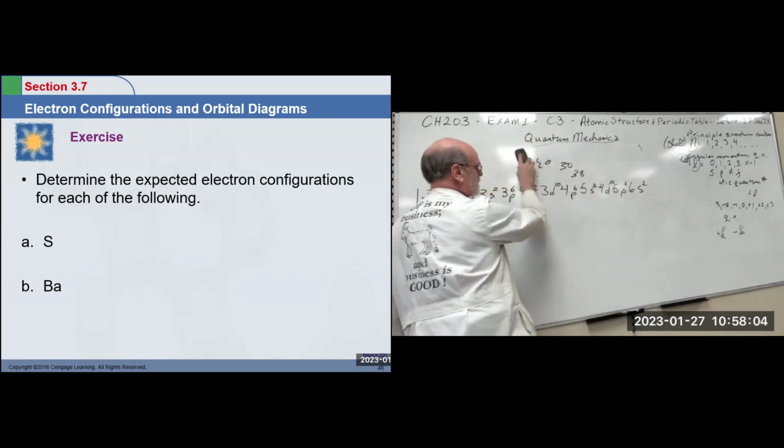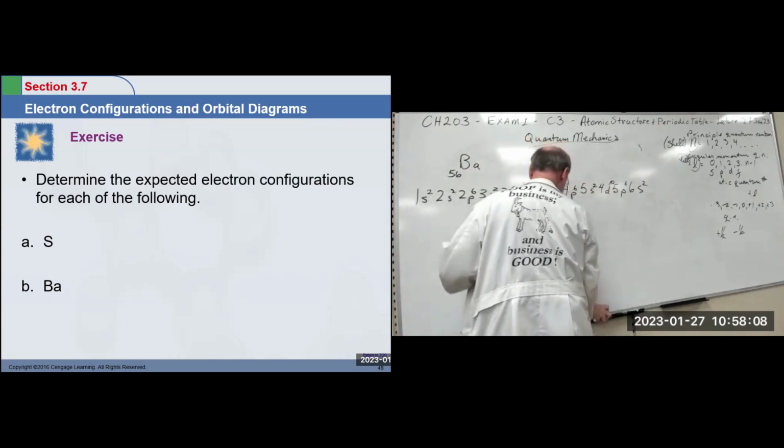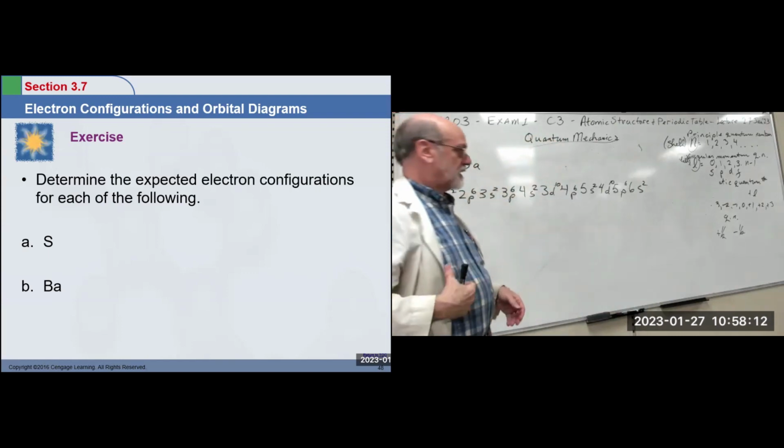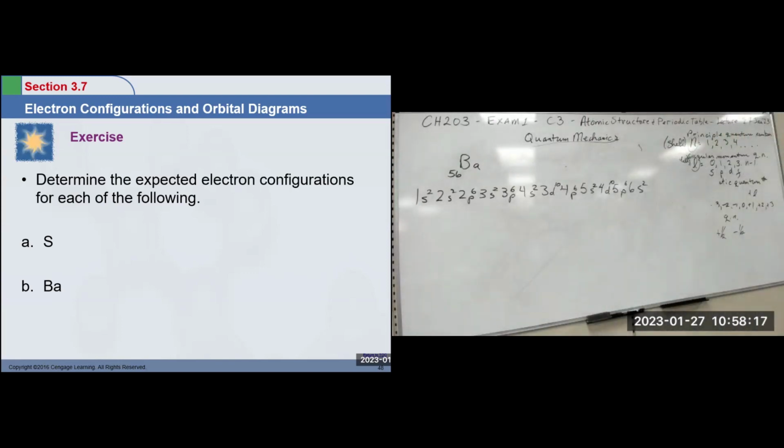So that's the complete electronic configuration of barium. Now, notice what we did in the process to get to here. We went down each row. When we got to 4s, these are 3d. So period 4 has 4s, but then when you get to the d's, you back up 1.